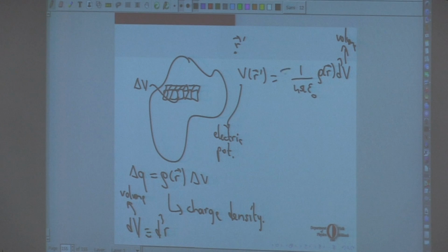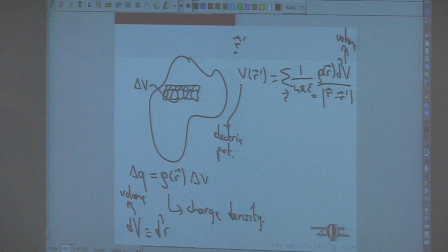And here, of course, I have to sum over all these volumes. I had this charge distribution. I divided it into very small parts. And each part has some charge in it. This is the overall factor. I have to divide by the distance, r minus r prime.